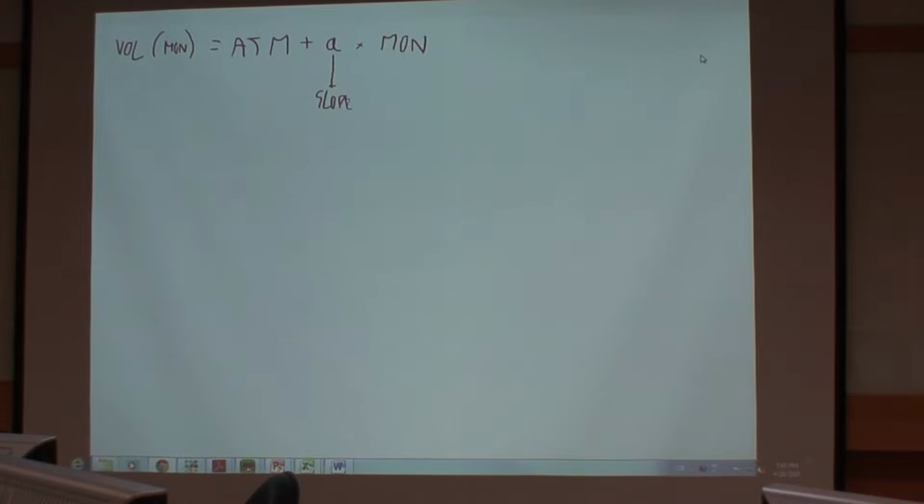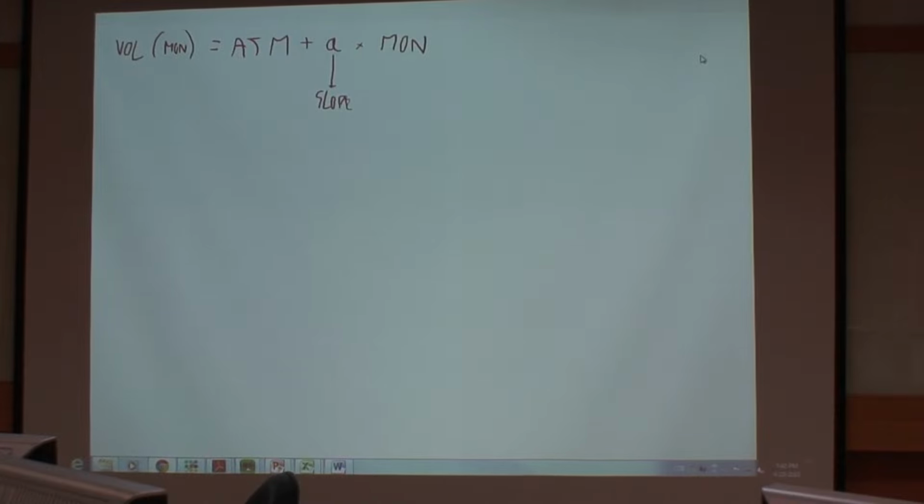It must be negative, because a negative value times negative moneyness is a positive number. So downside options, out of the money puts, will have a higher volatility. And positive moneyness multiplied by a negative number is a negative adjustment. So out of the money calls, with positive moneyness, will have a lower volatility.